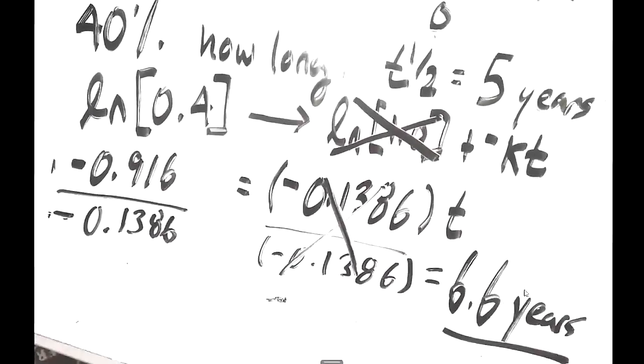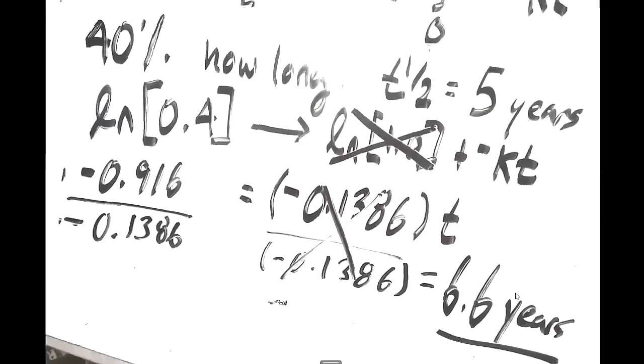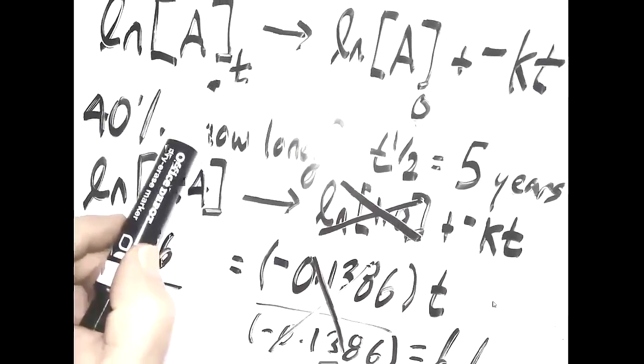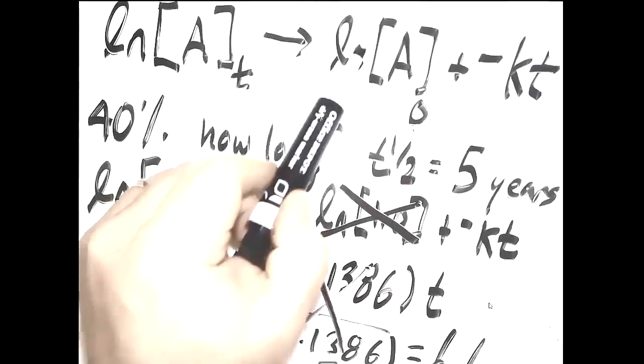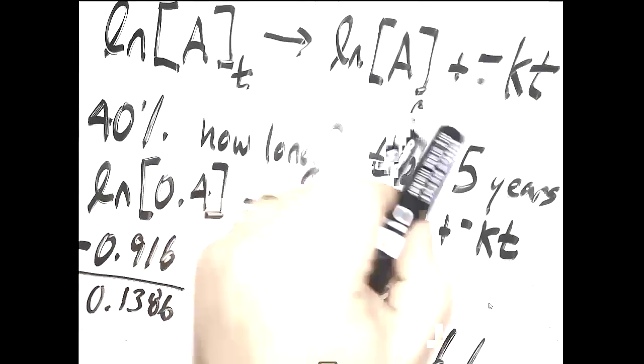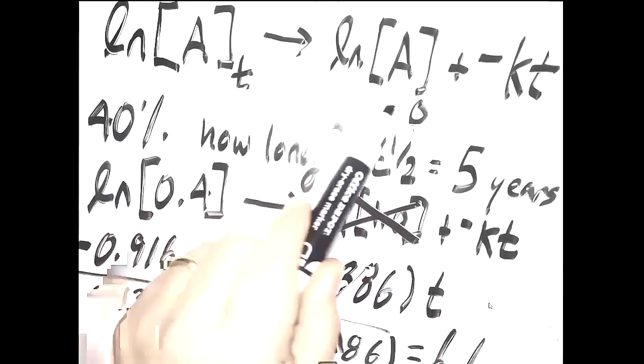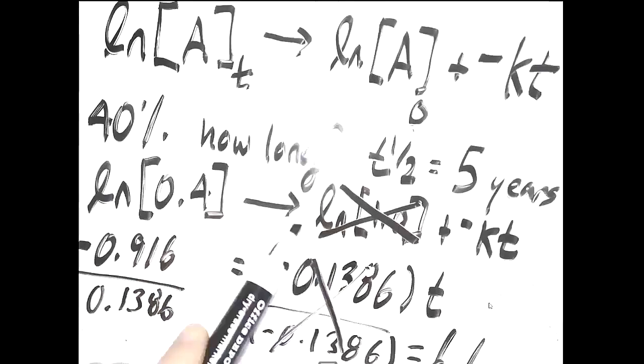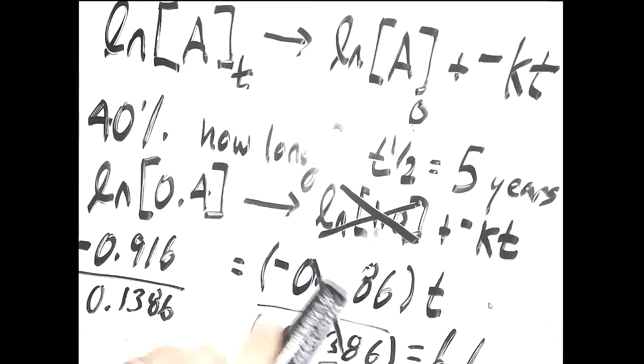So if you're asked to do a percent, you're going to use this formula: natural log of A sub t, the amount at some time t, equals the natural log of A sub 0, at time 0, plus negative kt. And if you set it up so that your starting amount is 100%, that just becomes 1. And then the natural log of 1 is 0, so we just get rid of it.